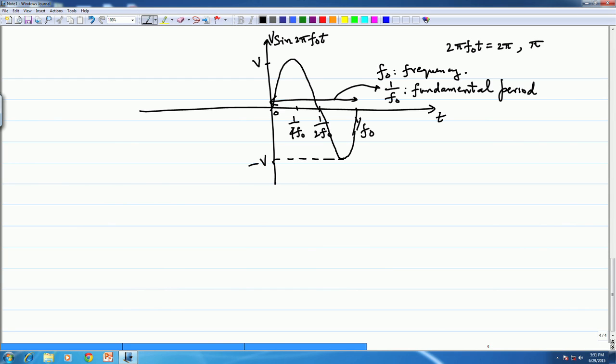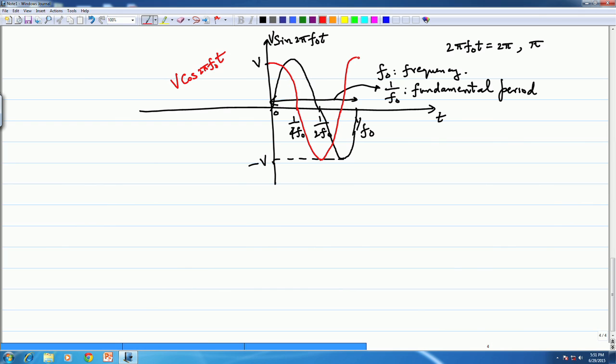Okay. So, one interesting exercise you might want to try is you might want to plot, let us say for instance, v cos 2 pi f naught t on the same diagram. If you do that, how would that work out? The red plot, it is going to start at v, it is going to be 0 down here, it is going to be minus v here, and then it is going to be back up like that.